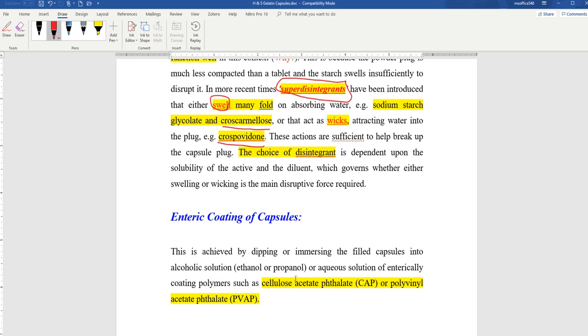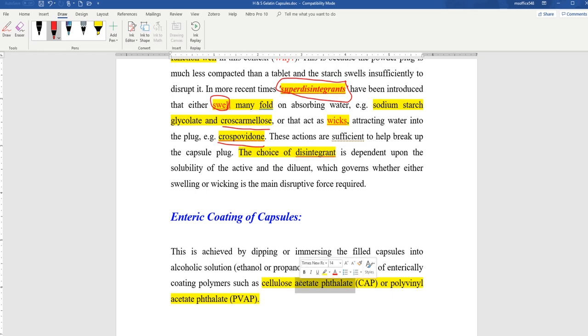So when the capsule is ingested and it's in the stomach, which is acidic, there is no interaction between the gastric juice and the polymer, so the polymer will not dissolve. But when it goes to the intestine, the pH is higher now. Now there will be interaction, and the polymer will dissolve.